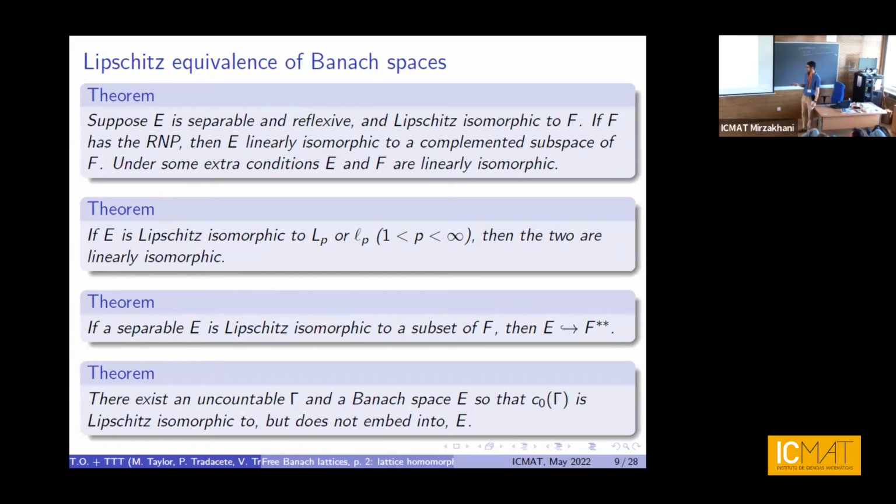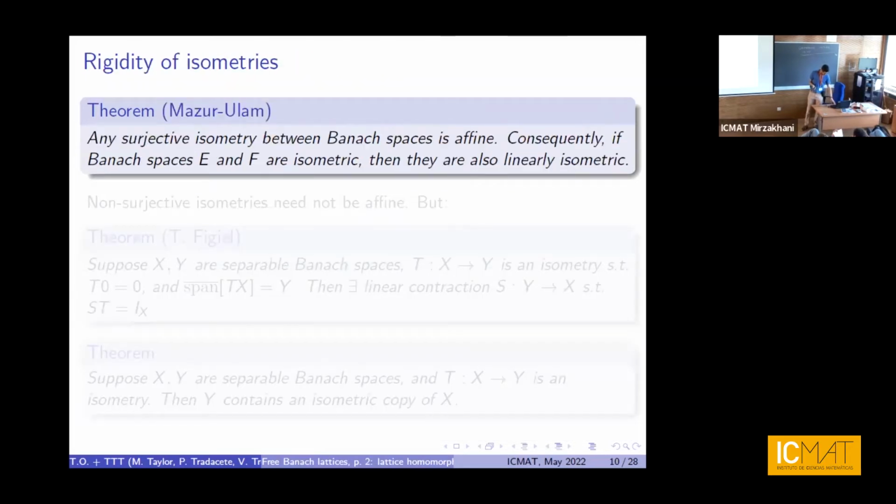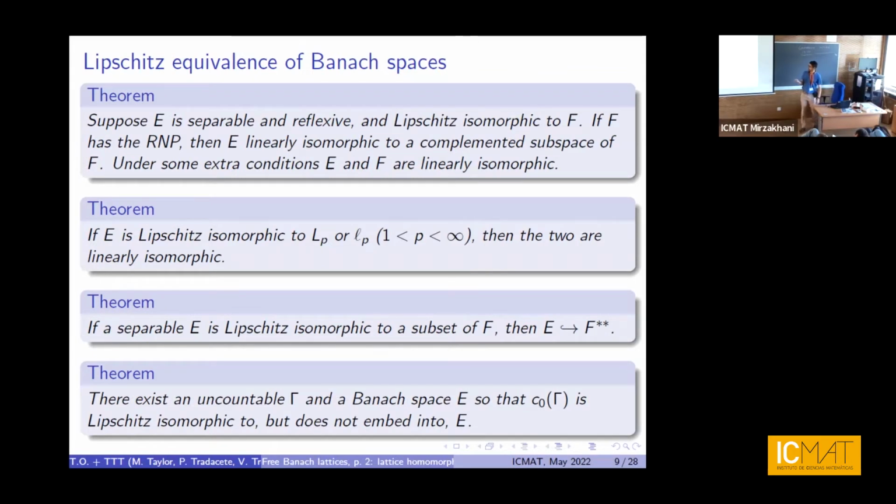There exists an uncountable set Gamma such that there is a pair of spaces, E and c_0 of Gamma, which are Lipschitz isomorphic but not linearly isomorphic. So even with Lipschitz, weird things can happen. And all this has to do with Lipschitz isomorphism.